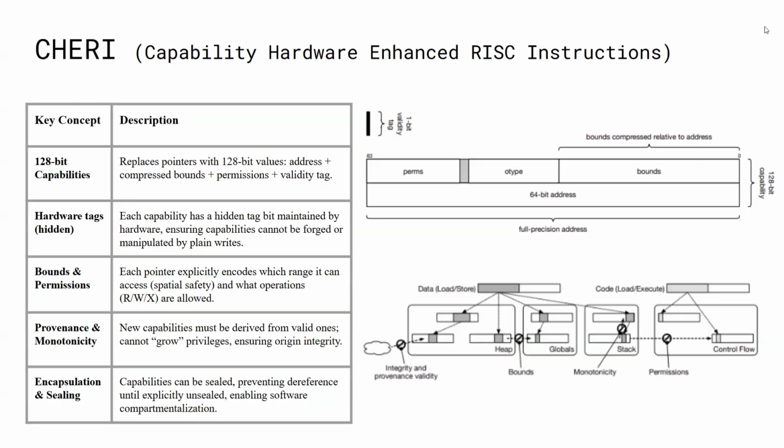That capability is rendered useless. Even if you violate the permissions and the bounds, you cannot use it to access any part of the memory. The program will not accept such capabilities and they will be rejected. That is how they enforce the memory protection part of it.